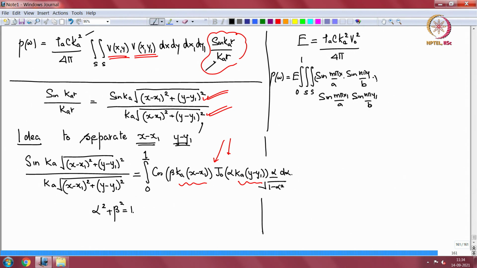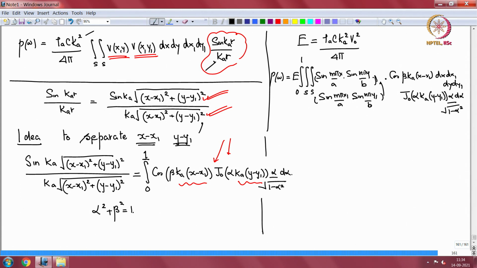Okay, this will go and sit here, further into cos of beta ka (x minus x1), okay, dx dx1 dy dy1 and further J0 of alpha ka into (y minus y1), alpha d alpha by square root of 1 minus alpha squared.